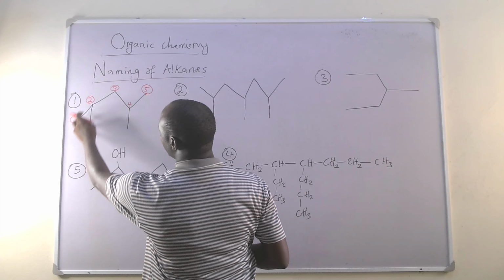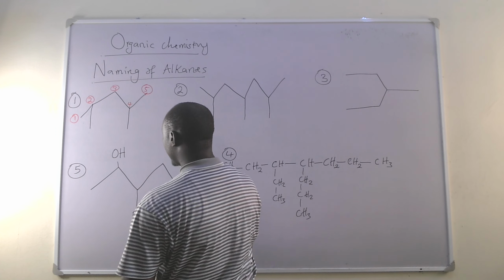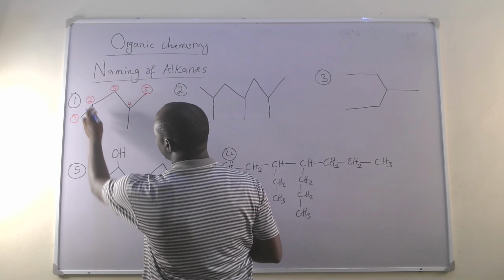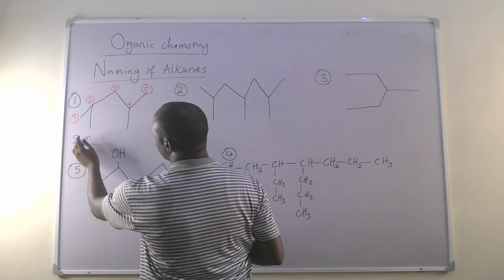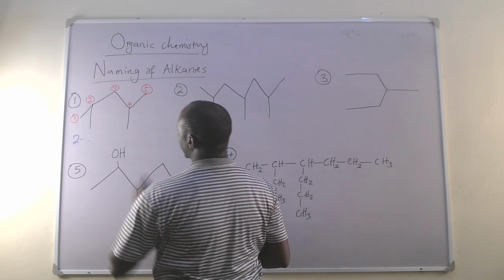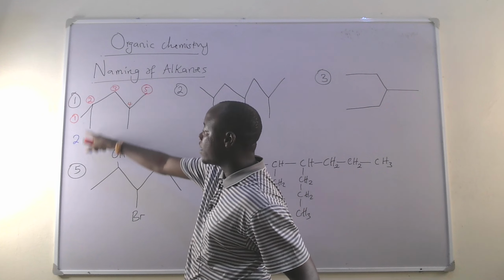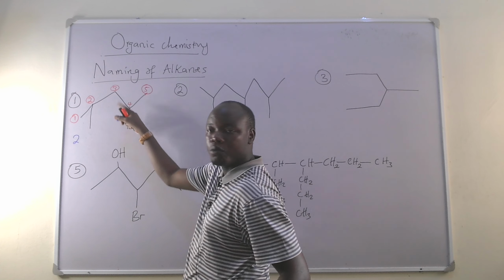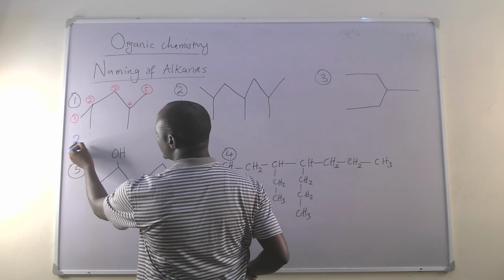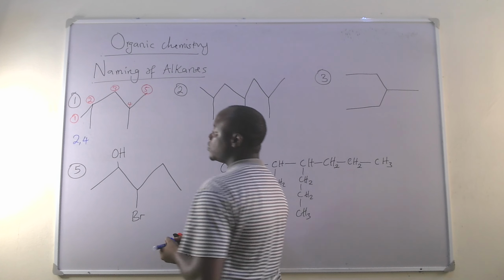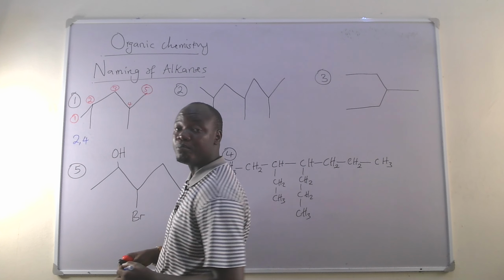As we can see from here, at carbon 2 we have a methyl group, and at carbon 4 we also have methyl. So we can now say 2, 4. It means at carbon 2 and at carbon 4 we have methyl.